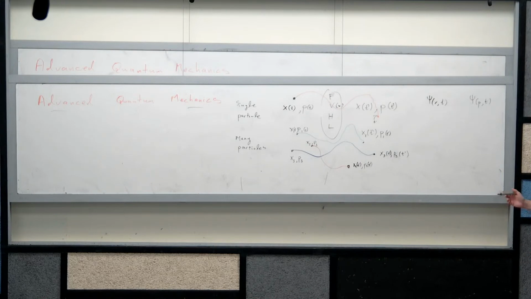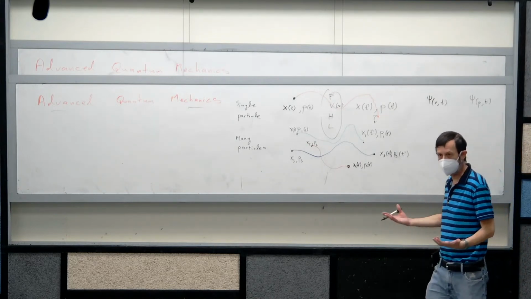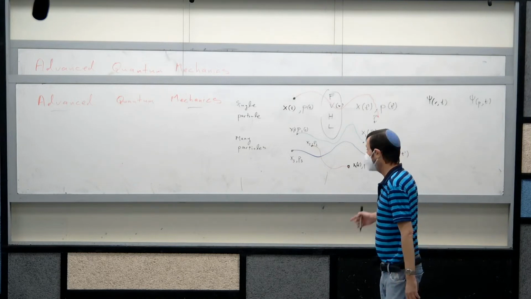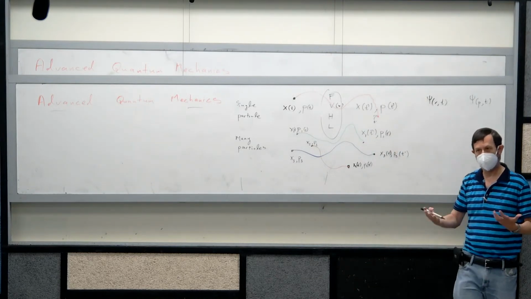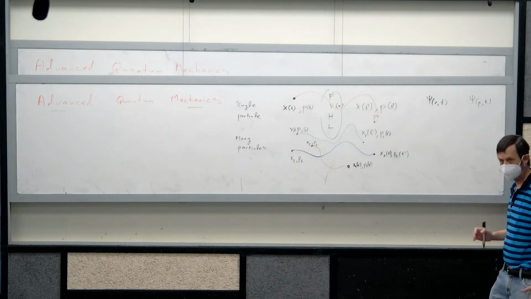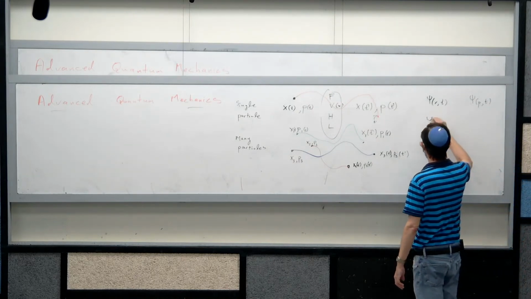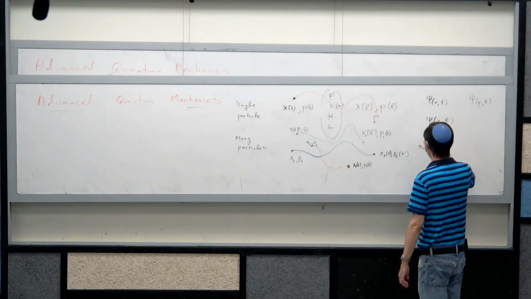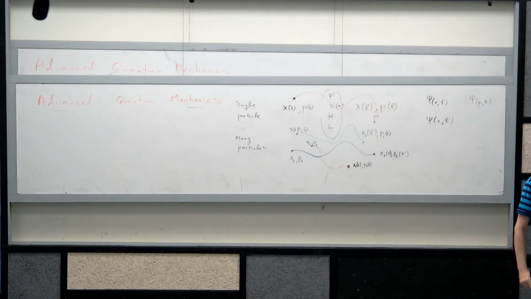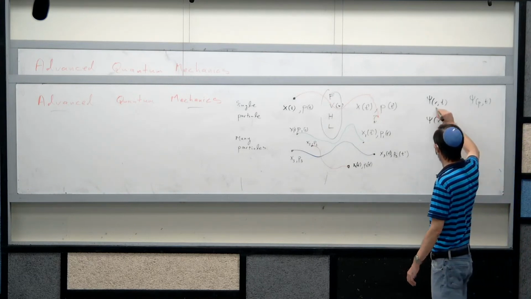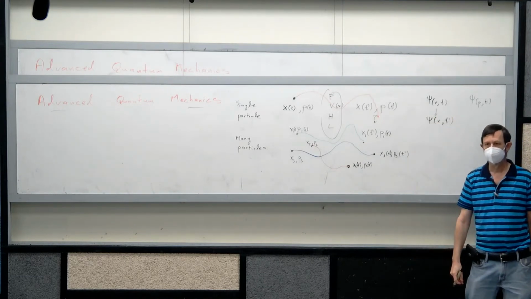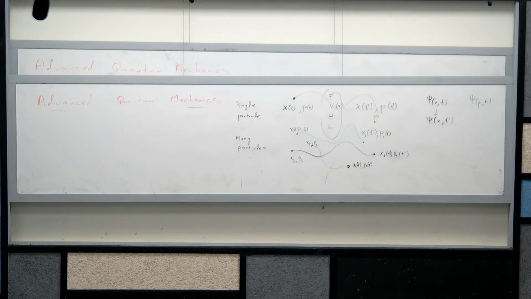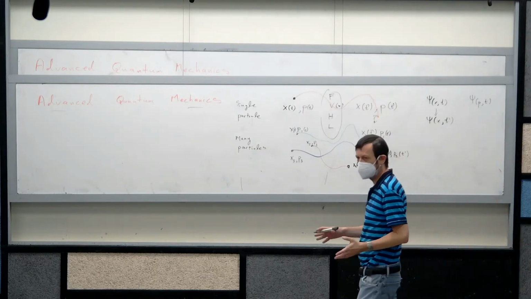I want to describe what happens at time t prime. I start with a wave function. I still have only the wave function. So how did I get from here to here? Hamiltonian. In principle, I could get there also through a Lagrangian.